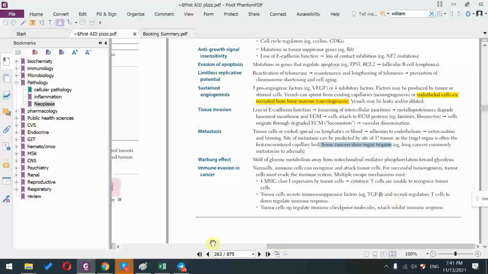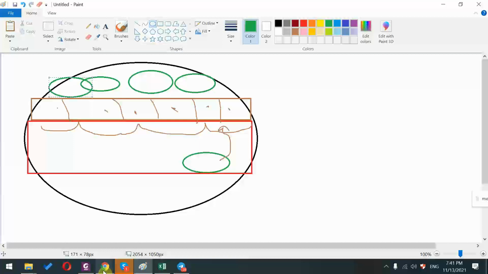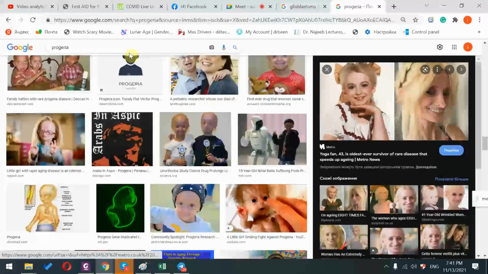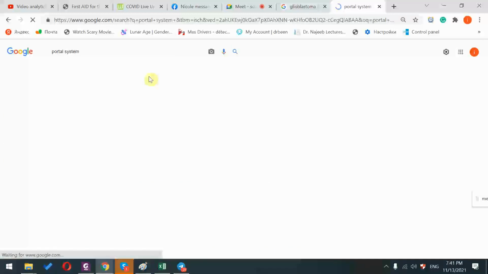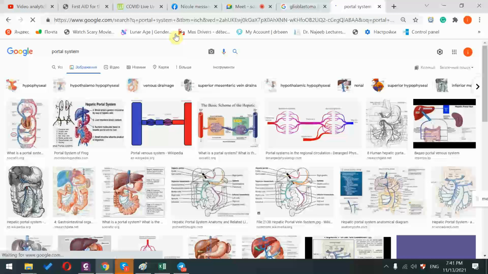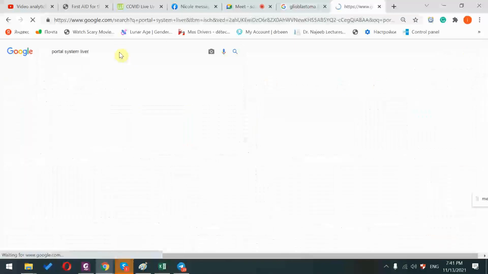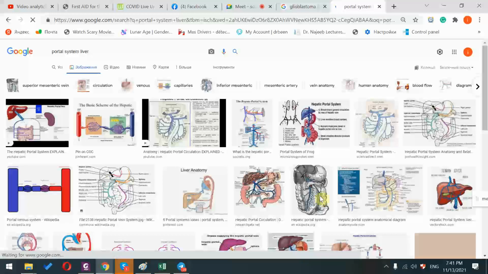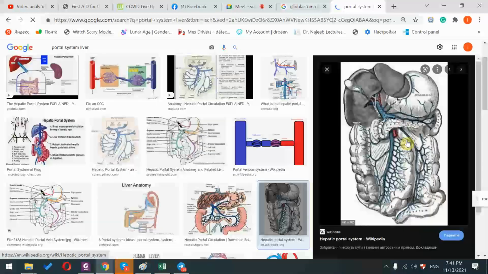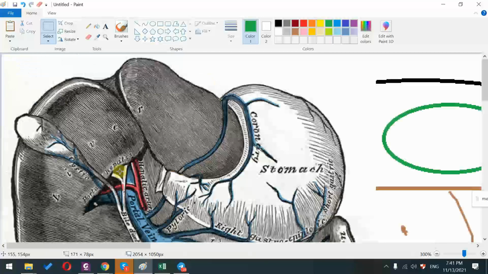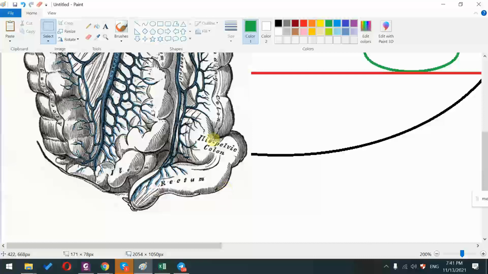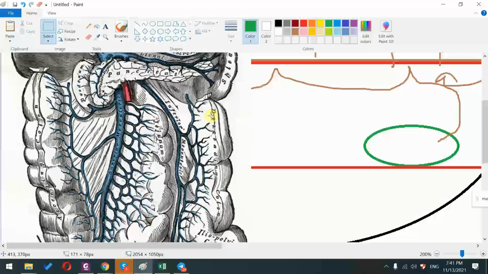So, guys, if someone has colon cancer, let's take a look at this. If you take a look at the circulation inside of the portal system. The portal system is basically draining blood from the colon to the liver.